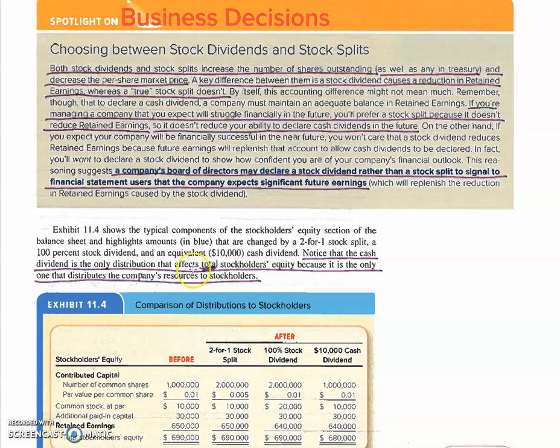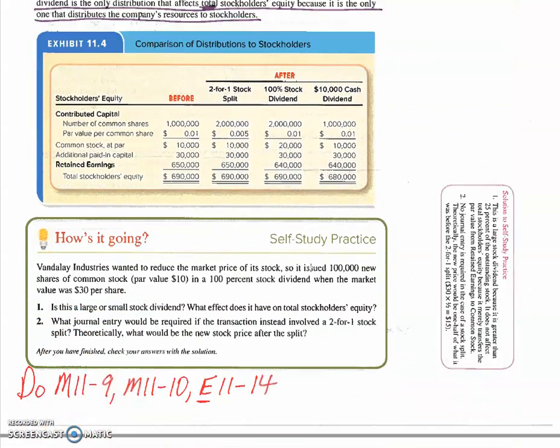It's just with a cash dividend, yes. Out here they're talking about a cash dividend, then total stockholders' equity is reduced by the amount of the cash dividend. Stock dividends, it's not.